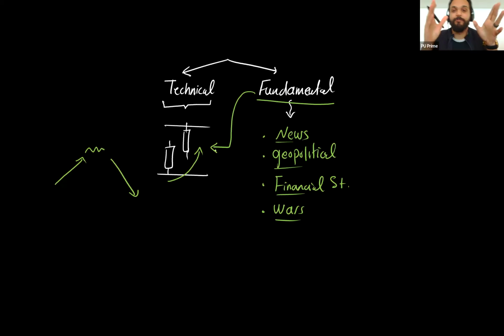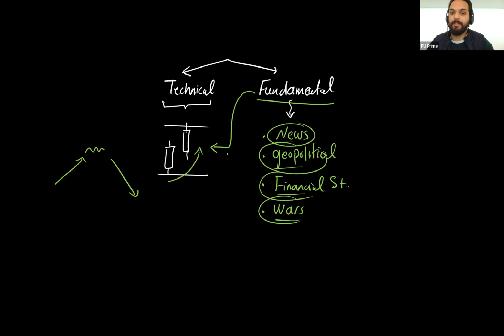Okay, so now, since we understood the meaning of the word fundamentals, it's very important to understand the effect of every item on the price. Usually, every single minute we have some news happening in the market. We have some tweets by Trump.